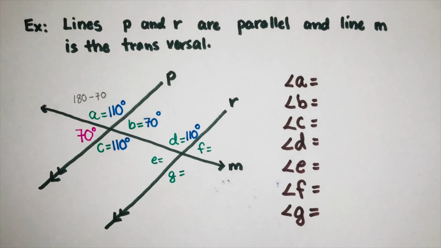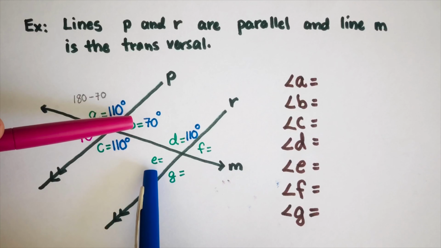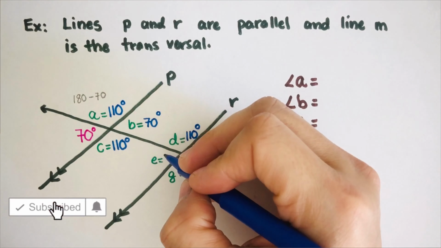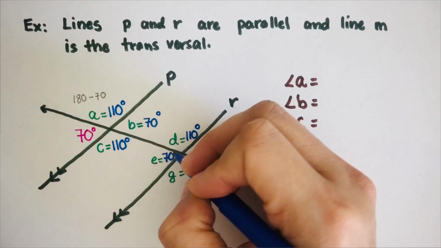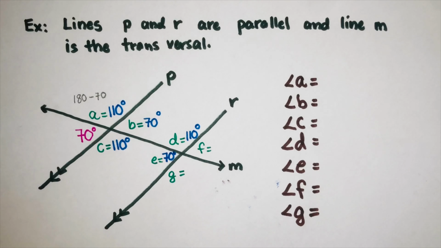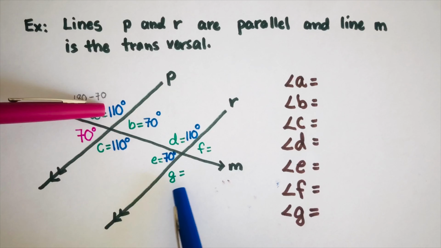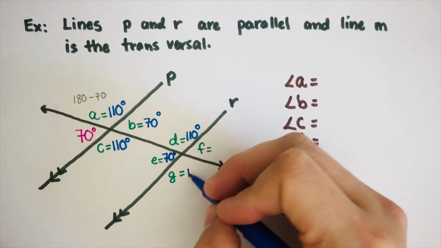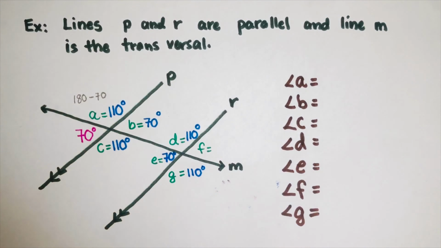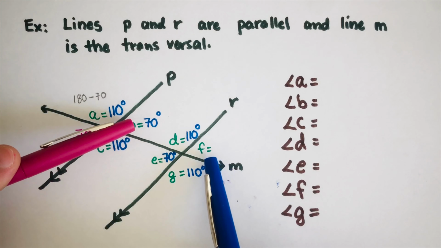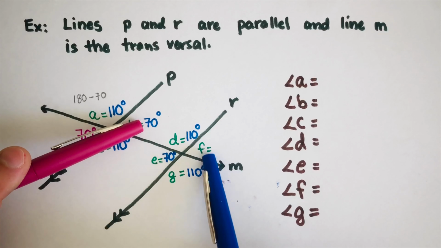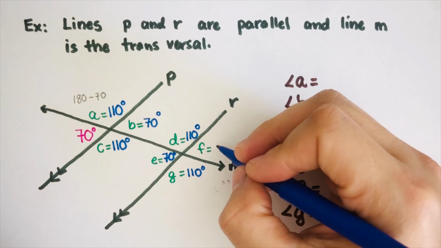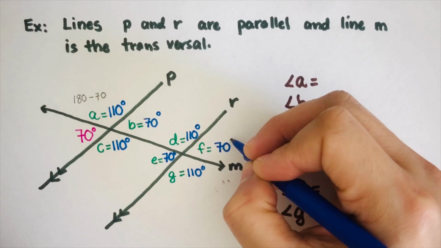And then E and B are alternate interior, so E is 70 degrees. Then angle A and G are alternate exterior. Remember, alternate exterior angles are equal, so this is also 110. And if you look at B and F, they are corresponding. Corresponding means they're equal, so this one has to be 70 degrees as well.